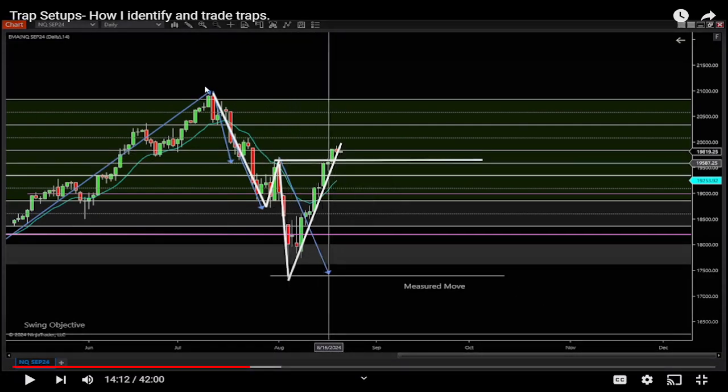So we have our strong move down, pullback, lower low. Price pulled back above the pullback here, and I'm saying everybody getting long above this thick white line that I drew across could potentially be trapped.